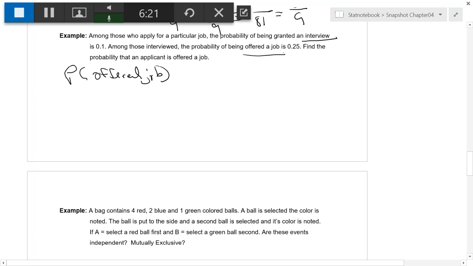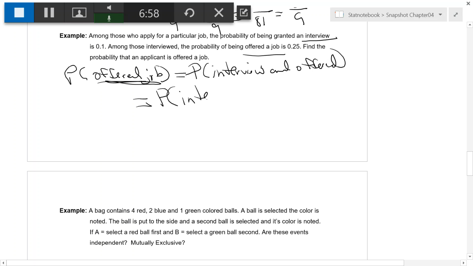That's the tricky part. So the probability of being offered a job actually is the probability of being granted an interview and being offered the job. Again, really, you have to be careful here. This is a tricky one. Being offered a job is getting an interview and at the same time being offered the job, right? Well, that's just the probability of an interview.